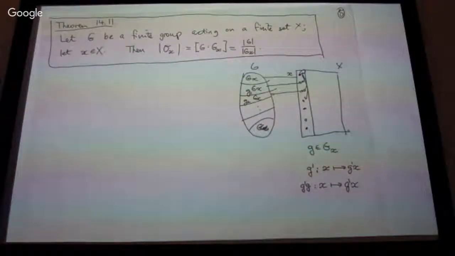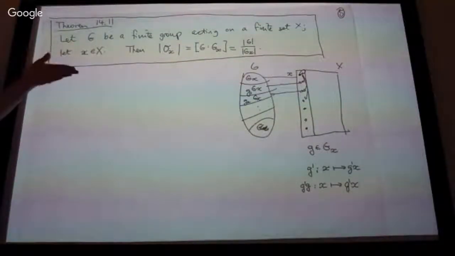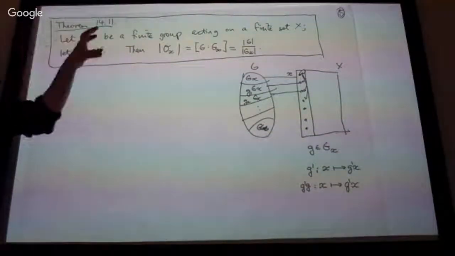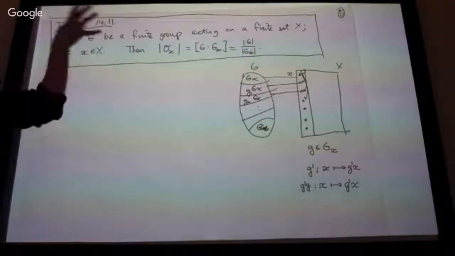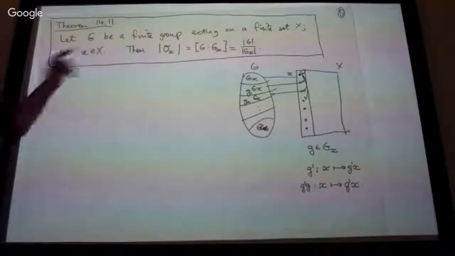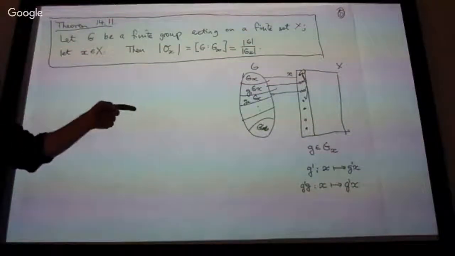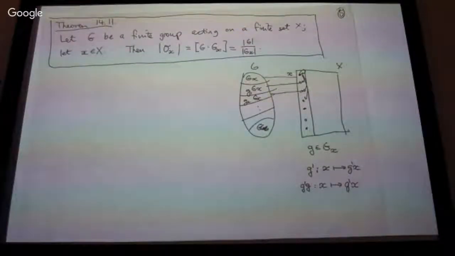In particular, not only do we know from Lagrange's theorem that every subgroup has order which is a divisor of the order of the whole group, but also every orbit size has to be a number which divides the order of the group, if it's a finite group acting on a finite set. That's the assumption.